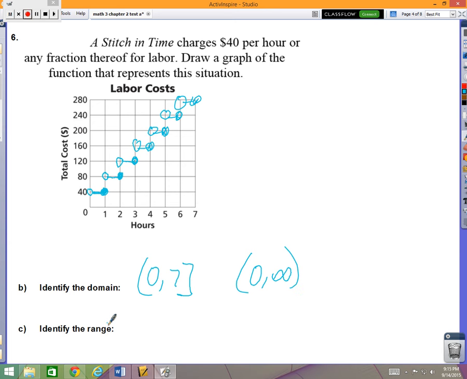The range is discrete. So the range is only a certain set of numbers. The first element is 40. You're never going to have to pay 20 or 10 or 30. 40, then 80, then 120, then 160, etc. So all the elements in your range are just these multiples of 40.